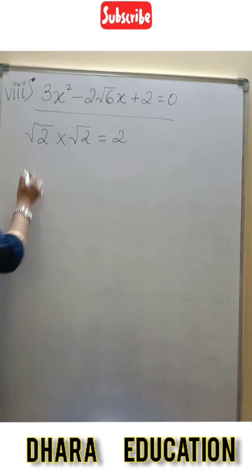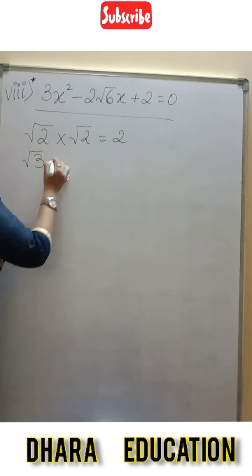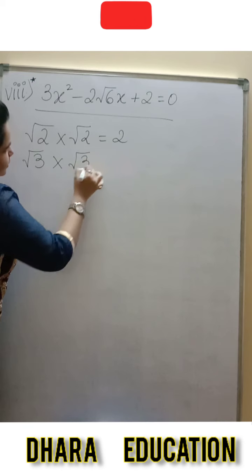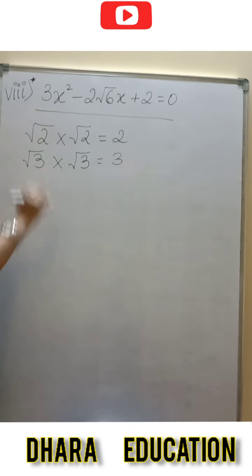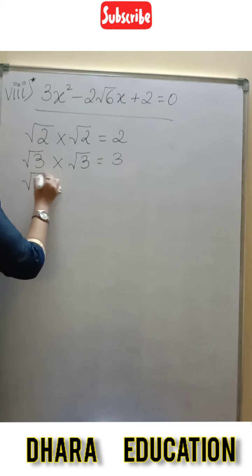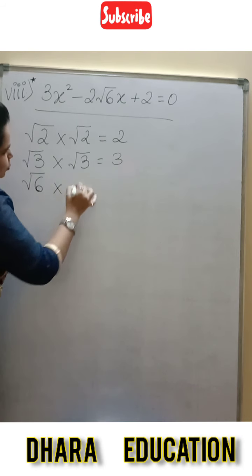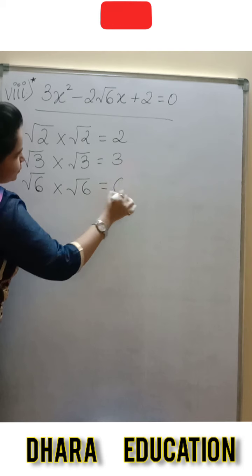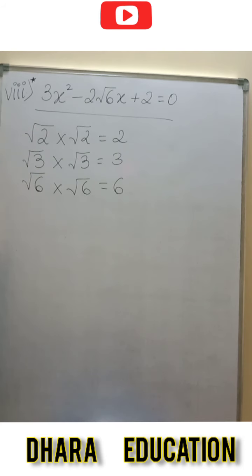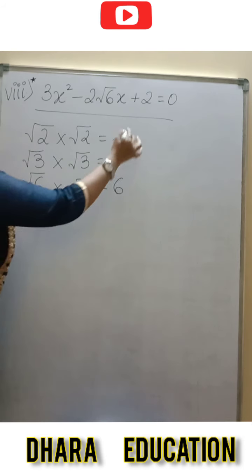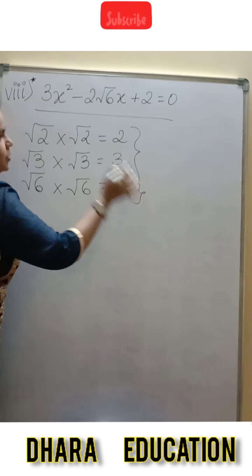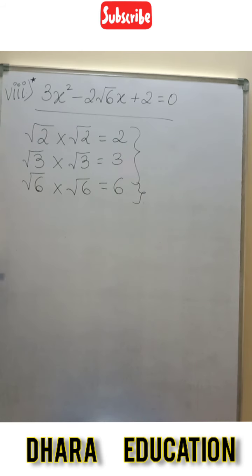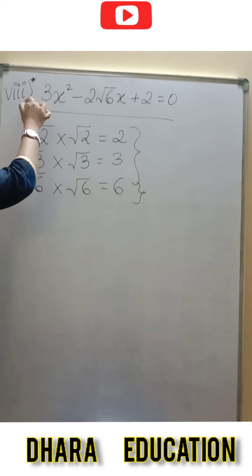On the other hand, root 3 multiplied by root 3 gives you 3. Am I right? Another thing, root 6 multiplied by root 6 gives you 6. Okay, so all these 3 things you need to understand very clearly, and keep in mind while solving this 8th sum.